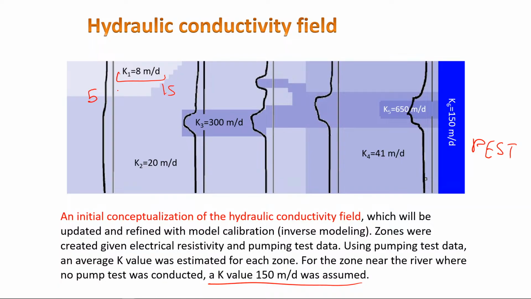So it will keep changing this value within the range that you provide. Here, you'll say the minimum could be 10, the maximum could be 50. For this one, you say the minimum could be 200, the maximum could be 400, and so on and so forth. It will keep changing the hydraulic conductivity value within this range until it finds the hydraulic conductivity value that will provide the best match with what you are observing in the field in terms of your hydraulic head.